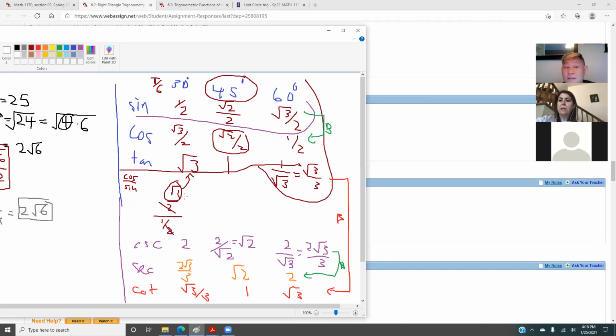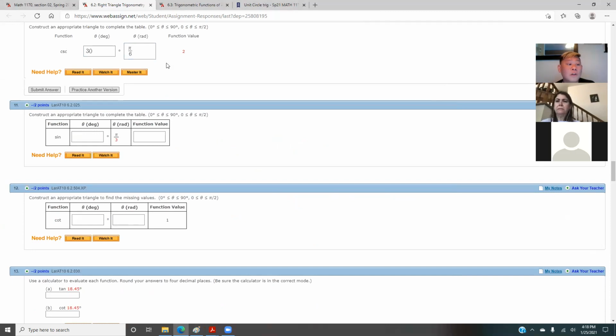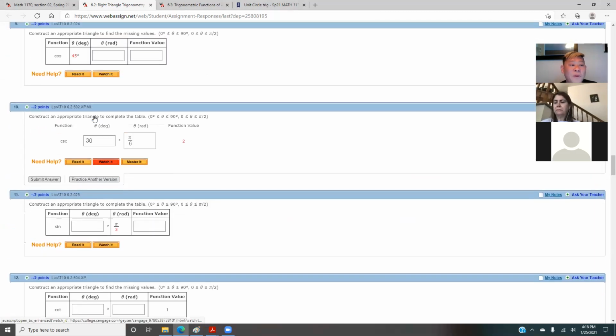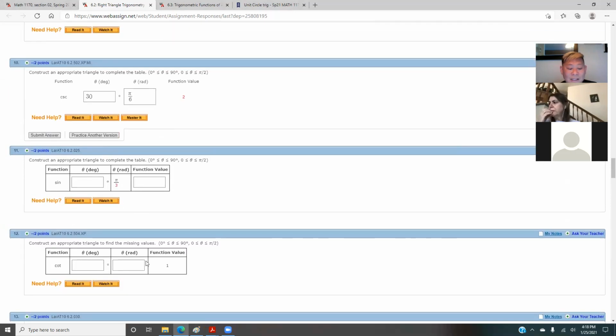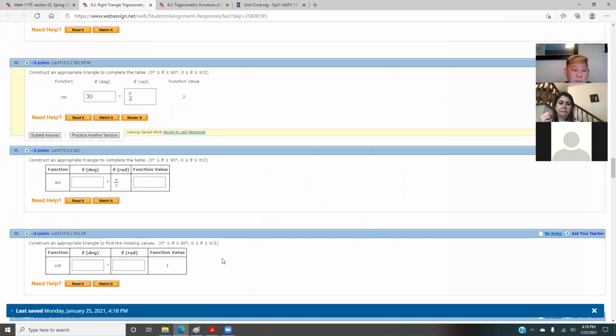So the answer is 30, or pi over 6. So the degree in this case is 30. The radian in this case is pi over 6. Okay. So mostly all the first few questions that you guys did here rely on this table that I showed you. So make sure you guys use this table, especially when you do the test.